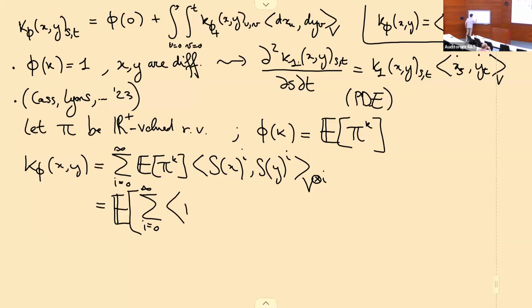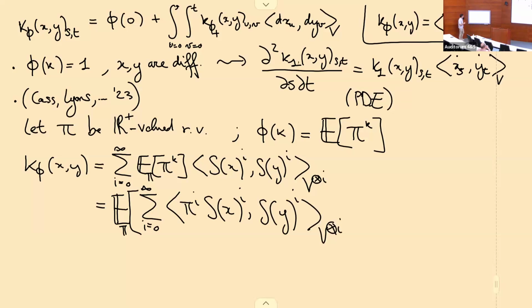So the inner product of pi^i times the signature of x at the ith level, and then the signature of y at the ith level, inner product in the tensor power i.